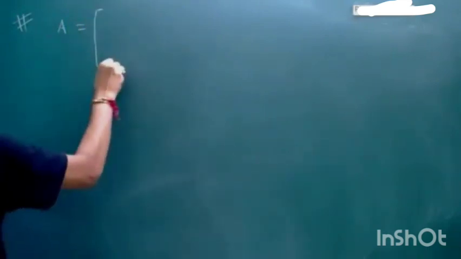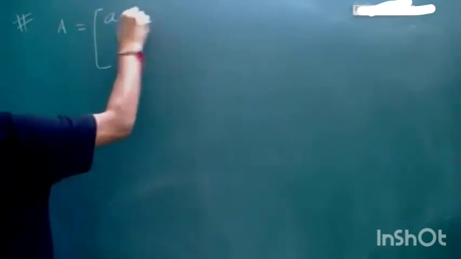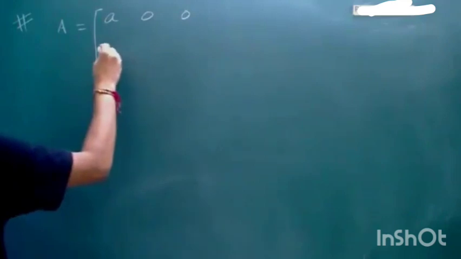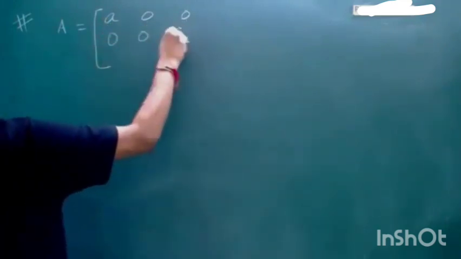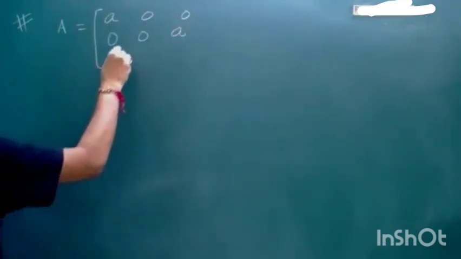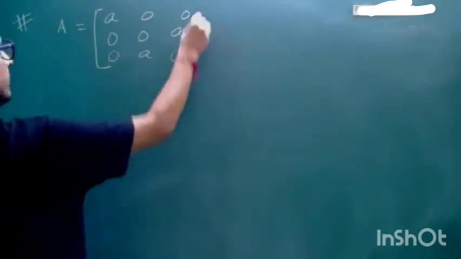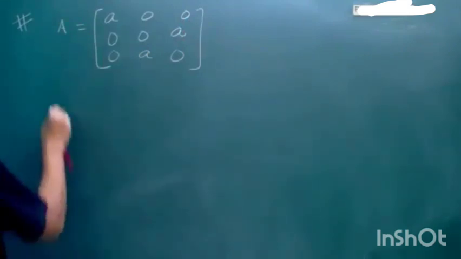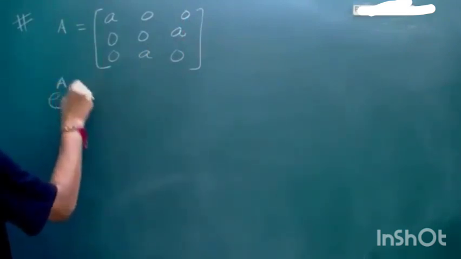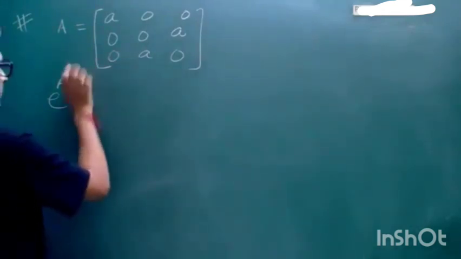So there is a matrix A which is a 0 0, 0 0 a, 0 a 0. This is a matrix, and then there is a matrix e to the power A. This is also a matrix.